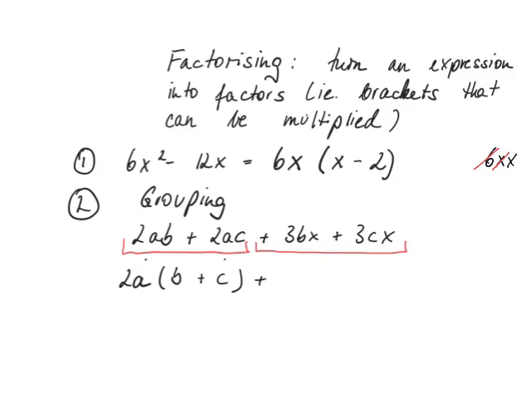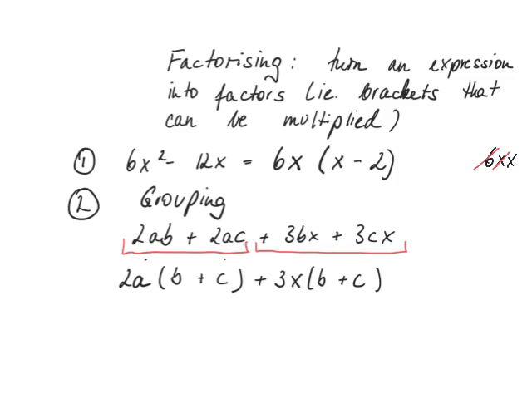I look at the second part, and I can take out 3x. I have 3x in both of them. I take out 3x. I have my bracket then. And if I take 3x away from the first one, I'm left with b. If I take 3x away from the second one, I'm left with c. And as we can see now, the bracket in the first part and the second part is the same.